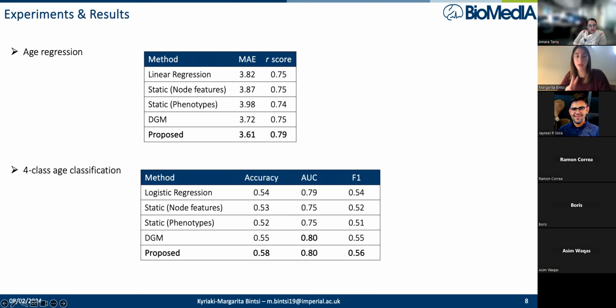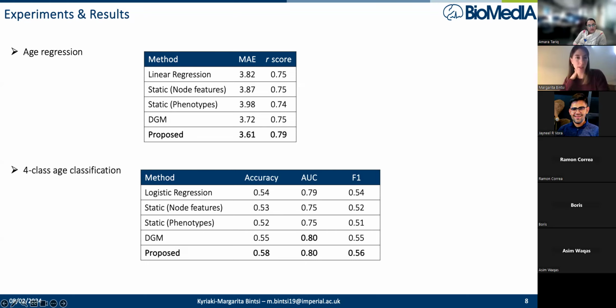Also, we had two more baselines, which are the static graphs. And the static graphs are basically what I mentioned in the beginning. In our case, we used a similarity score for the imaging and non-imaging phenotypes, the same ones that we used in our method, but without attention weights. So we used all of them, a similarity score, and then we extracted the edges based on this.